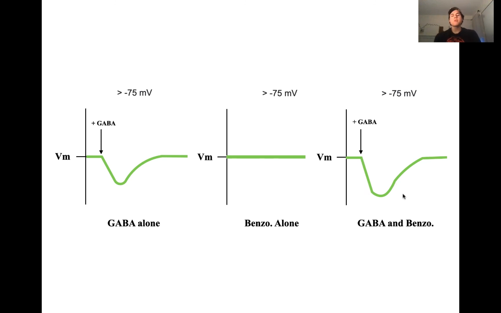But what you should notice here is that when we expose the cell to benzodiazepines as well, the relative hyperpolarization is greater in trial 3 than it was in trial 1. And the reason why is because benzodiazepines are allosteric modulators. When they bind to the GABA receptor, they cause the GABA receptor to be stabilized in its open state, therefore allowing more current to pass through.